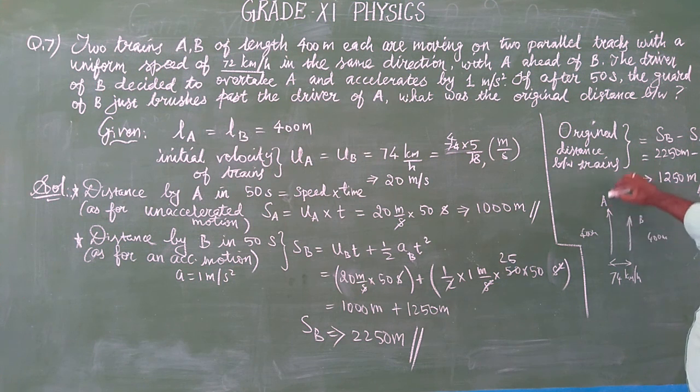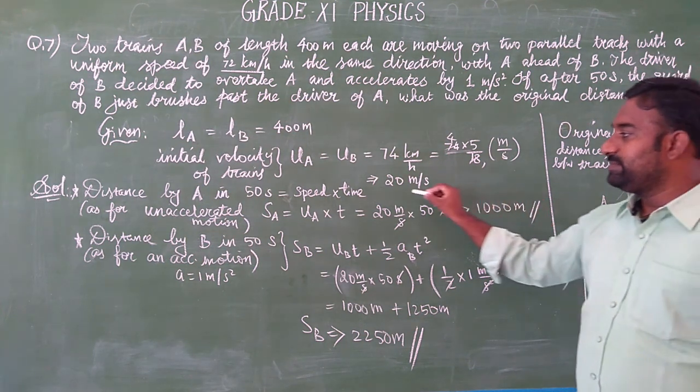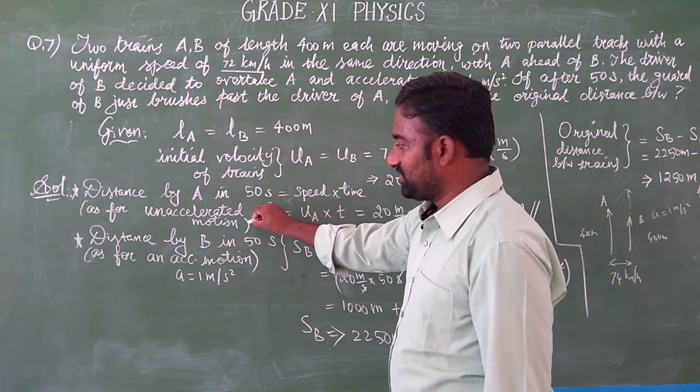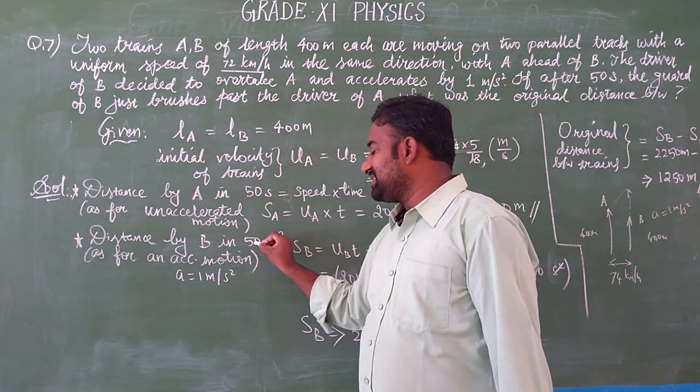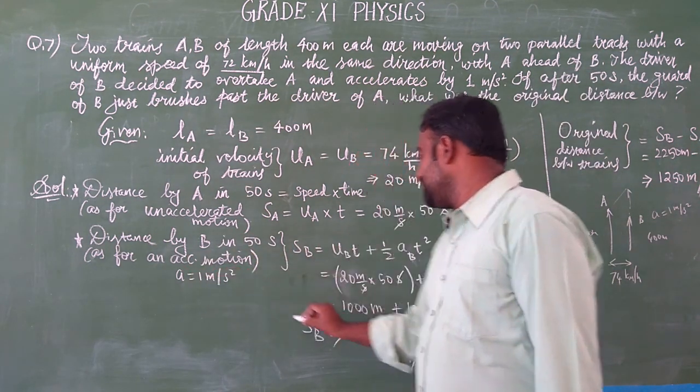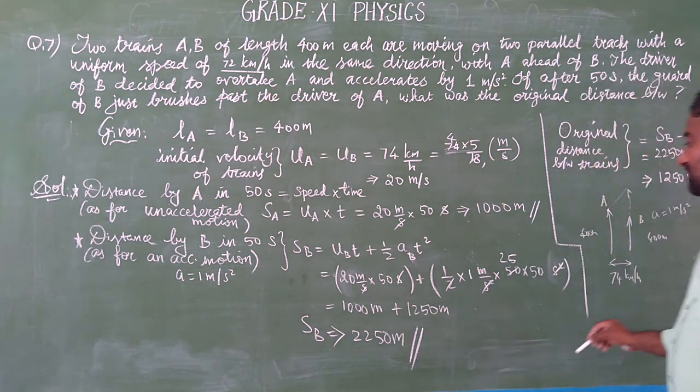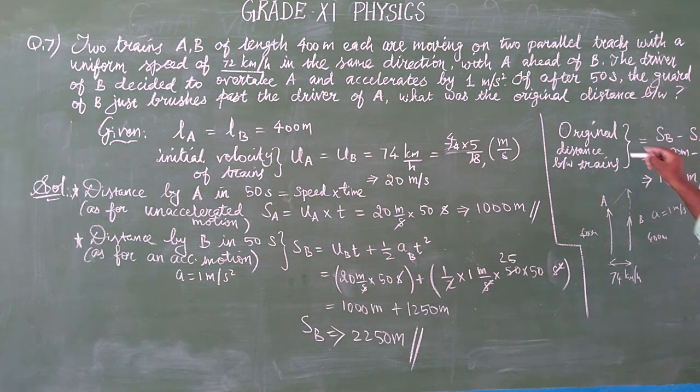A is moving ahead of B, but after 50 seconds train B accelerates at 1 meter per second square and overtakes train A. What is the original distance between the two trains? Separately we found the distance traveled by train A for unaccelerated motion, which is 1000 meter. Then the distance traveled by train B in 50 seconds for accelerated motion is 2250 meter. So we found the original distance between the trains.